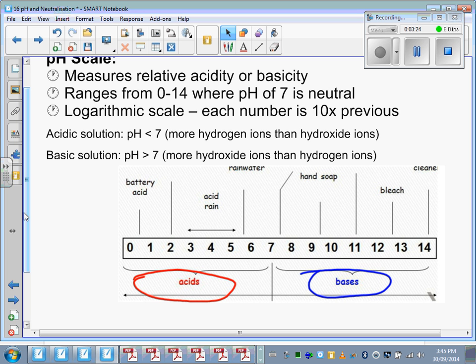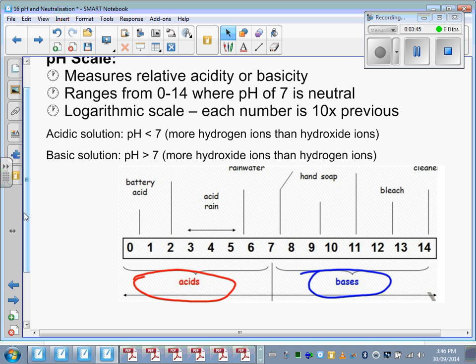So instead of talking about it in its real numbers, which are in multiples of 10, a log scale is used. And it keeps the scale very, very small, even though the differences between each one of these pH jumps is very large. Each number is 10 times the previous.